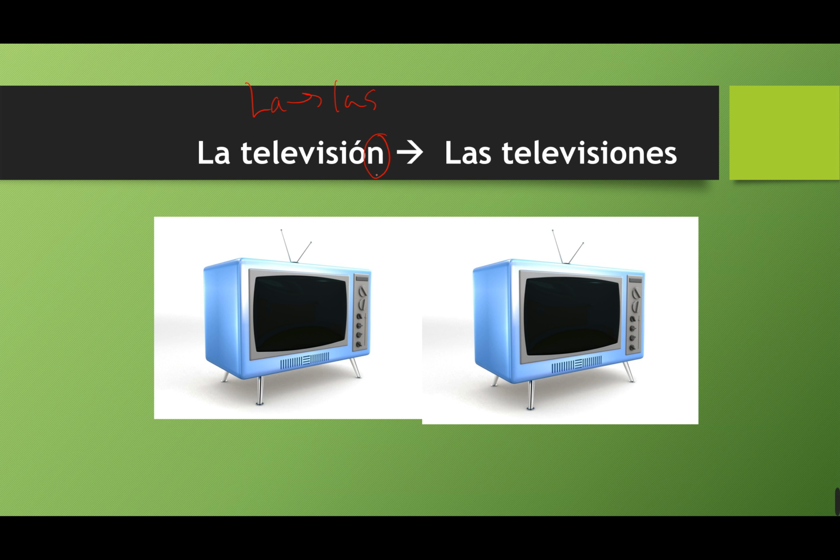And because it ends in a consonant, we add es to pluralize it. You're also going to notice something interesting here. The o loses its accent. Remember when I said the sión always has an accent over the o? So when you pluralize it, siones, you're going to get rid of the accent.